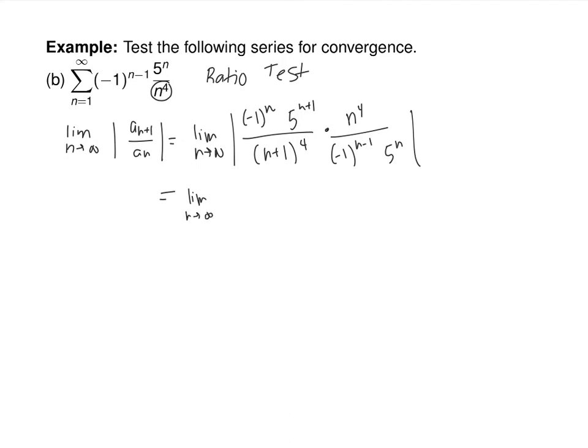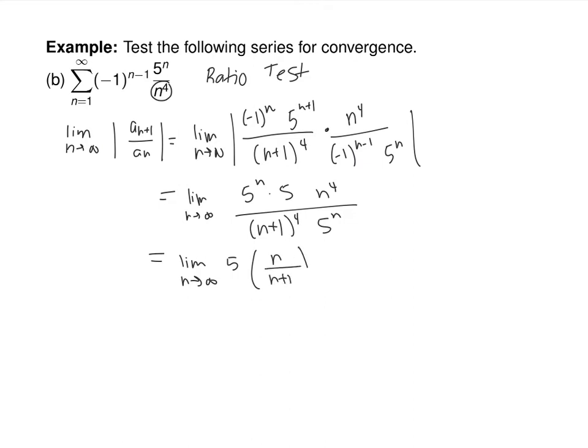All right, now here the negative 1s can go away, and once they're gone, we've absolute valued everything. We'll have 5 to the n times 5, n to the fourth, over n plus 1 to the fourth, 5 to the n. Those 5 to the n's cancel, giving us the limit as n goes to infinity, 5 times the quantity n over n plus 1, all to the fourth.